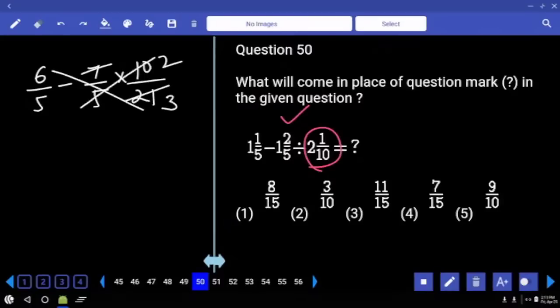Cross multiplication, 6 3s, 5 2s, difference 8. Divided by 5 into 3, LCM 15.